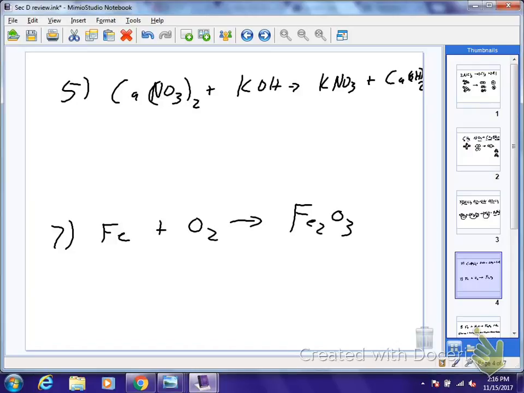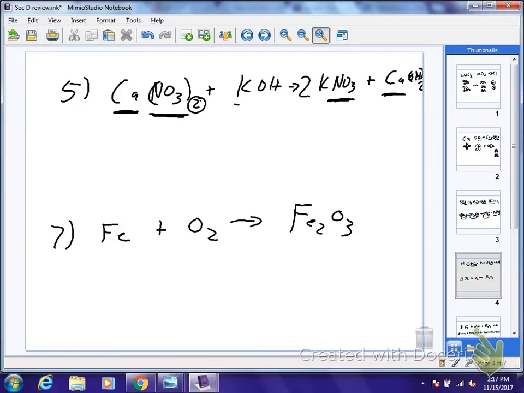Okay, we're on to number 5, toward the bottom of the sheet. We look at calcium, and there's 1 each. We're good to go on that one. We look at nitrate, NO3. There's 2 of them, and over here we have 1 of them listed out. So we put a 2 in front, which gives us our 2 nitrates.